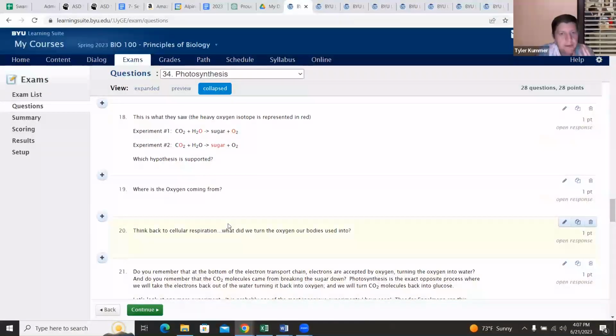Some key things that we found from these experiments is we saw that the oxygen ends up being the oxygen that plants release that we breathe in. Oxygen is coming from water, and that the carbon dioxide oxygen is what ends up in the sugar molecules.